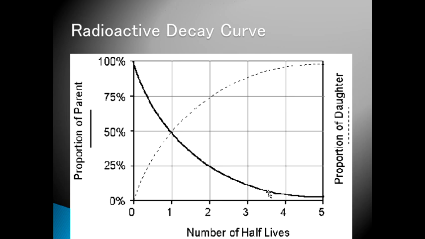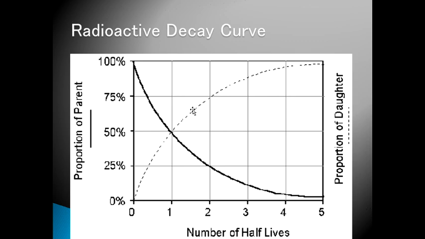Half of 12 and a half is 6 and change, etc. And so you see this is called the exponential decay curve. The percentage of parent keeps dropping, dropping, dropping, dropping. And notice you're always getting half of what's left. Eventually you'll peter out off the chart to the right to nothing.